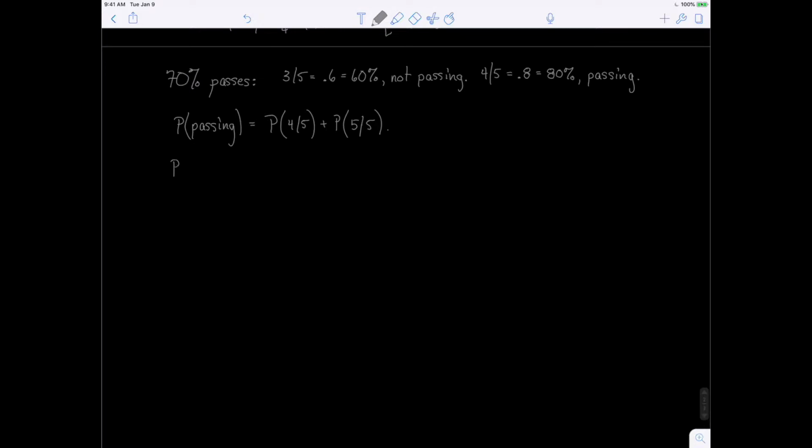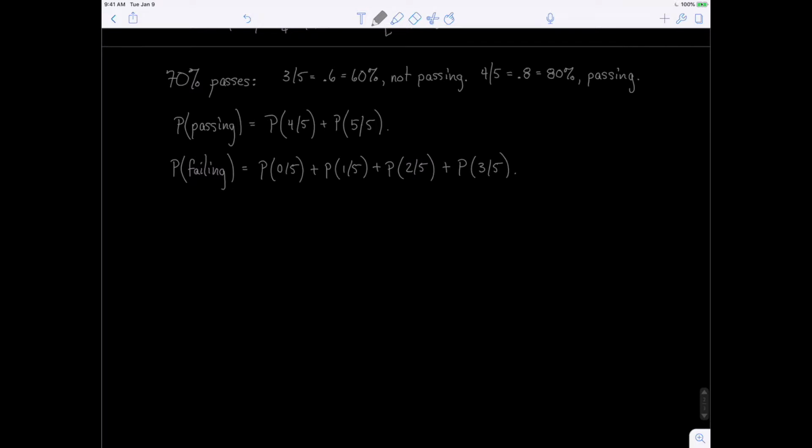And that also means that the probability of failing, or not passing, same thing, would be the probability of 0 out of 5 plus the probability of 1 out of 5 plus the probability of 2 out of 5 plus the probability of 3 out of 5. So we're going to calculate those in a moment.